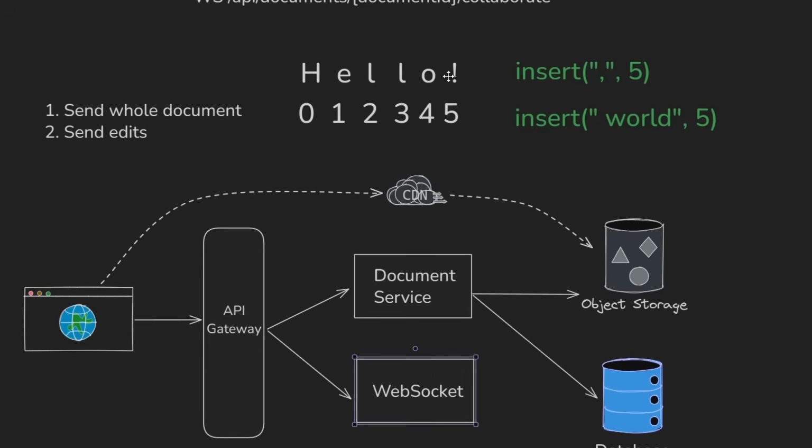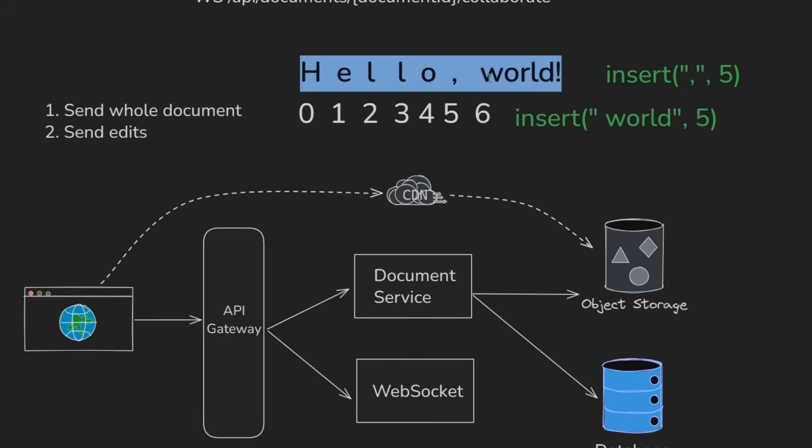Then our array, our document here, is going to change. There's going to be now a comma inserted at position 5, and the other character is going to be moved to position 6. And then after that, let's say the next edit is applied. If it was applied correctly, it would look something like this, space and then world. I know you can't really see that fully, but it would look something like that, but it doesn't.